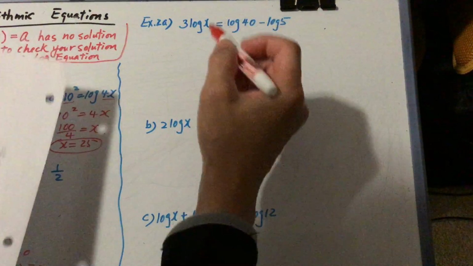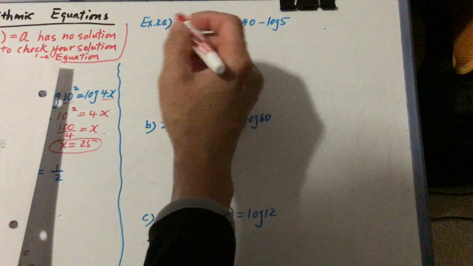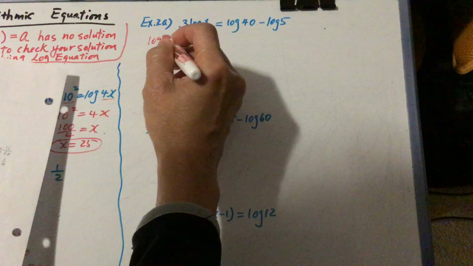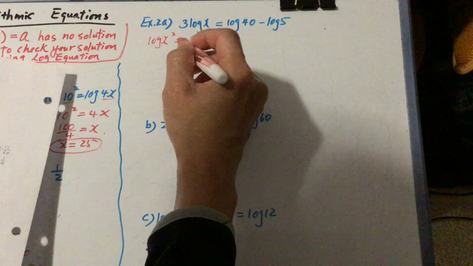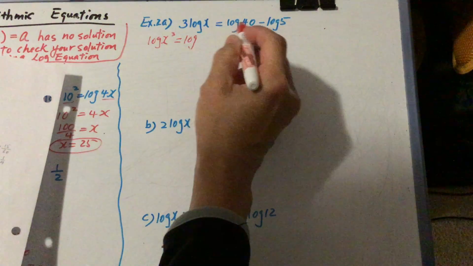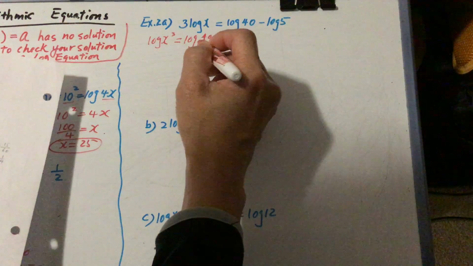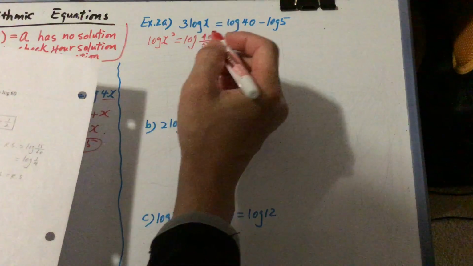Before you do that, make sure that any multiplier, you use the power law to make sure that you have log x to the power of 3, and then equal to, now they're both with the base of 10, so minus means you can combine them as a fraction, so it's 40 divided by 5.